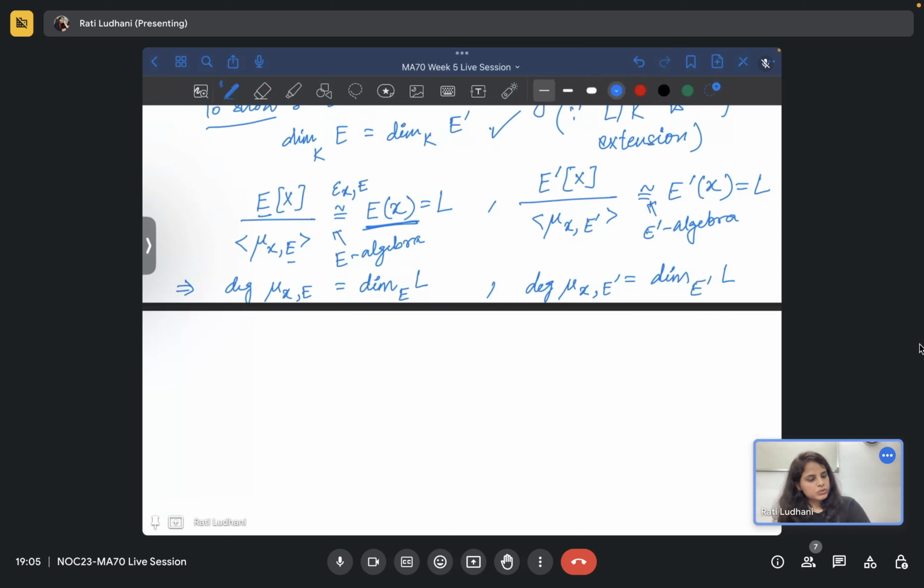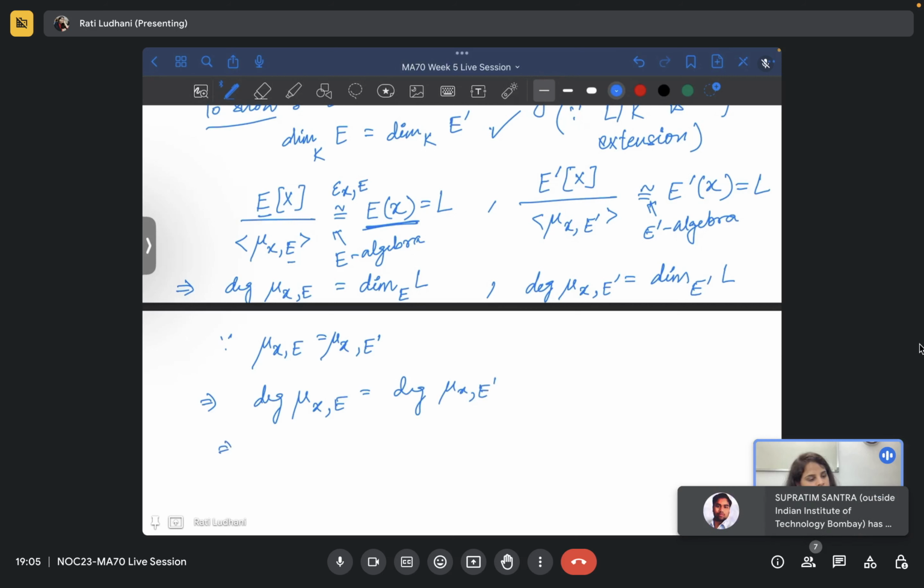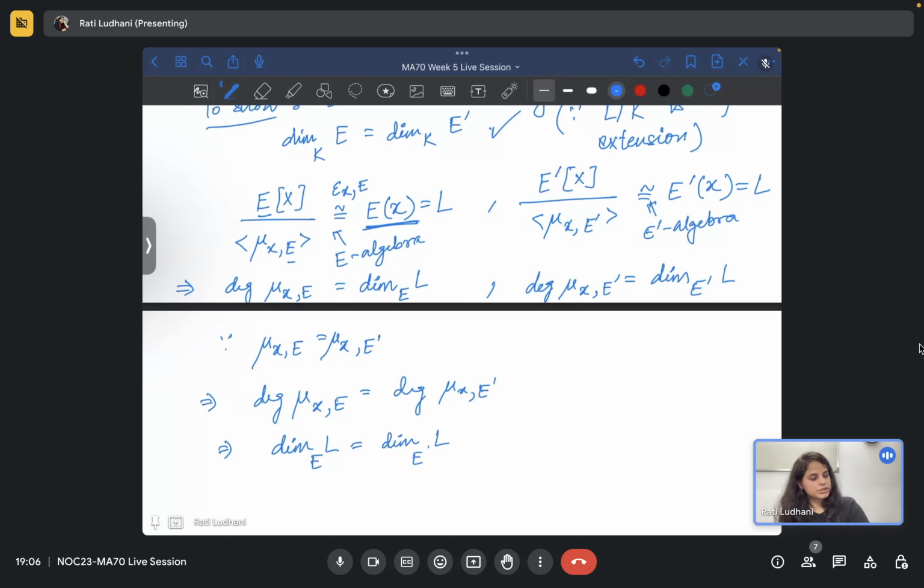Okay. So what does this mean? Since mu x over E is the same as mu x over E dash, this implies the degree of mu x comma E is the same as the degree of mu x comma E dash, which will further imply the dimension of L over E is the same as the dimension of L over E dash.